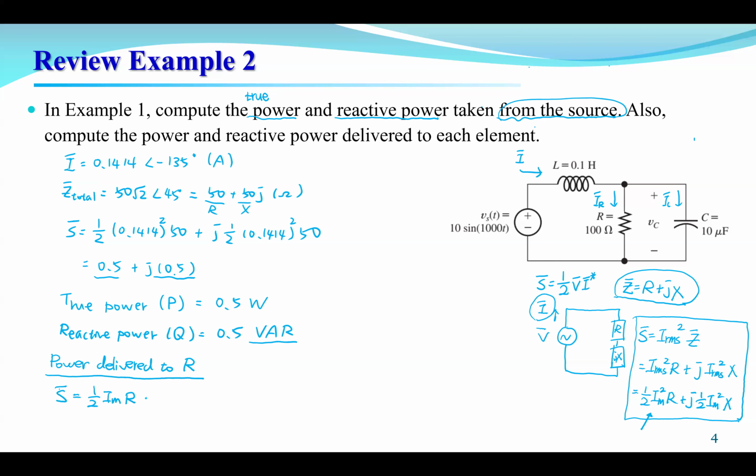Power delivered to R is I_RMS squared times Z_R, and it equals 1 over 2 I_m squared Z_R.